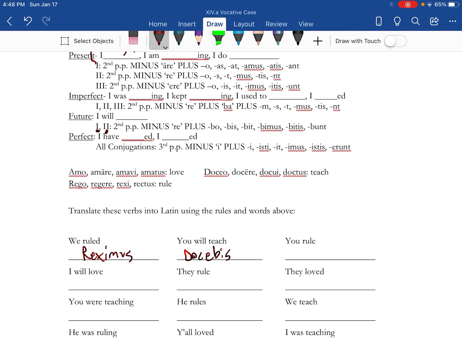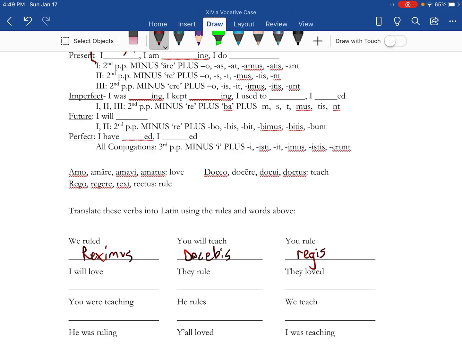You rule is present tense. And so we're looking at third conjugation because rego is third conjugation. So it says second principal part minus the ere, which is going to be reg, plus o, is, it, imus, itis, unt. You is going to be s, so we want regis.